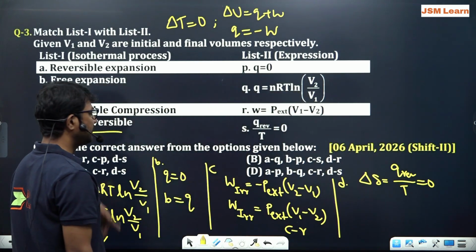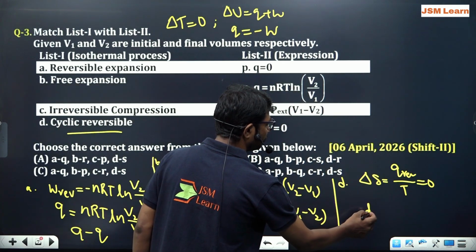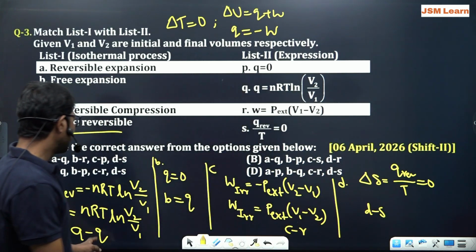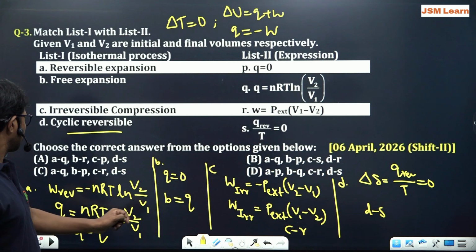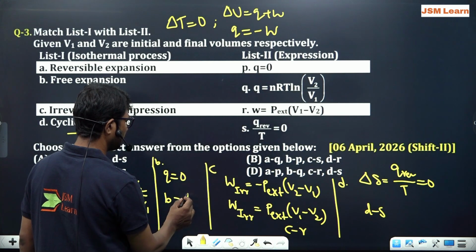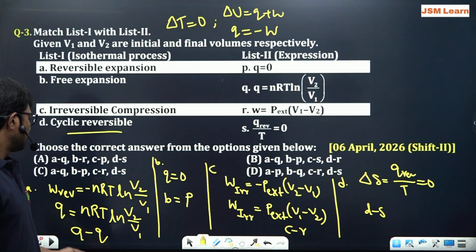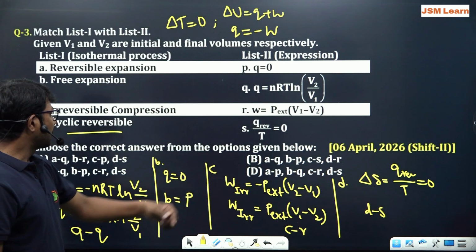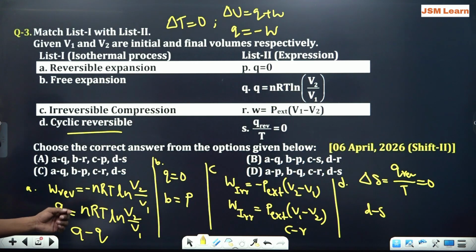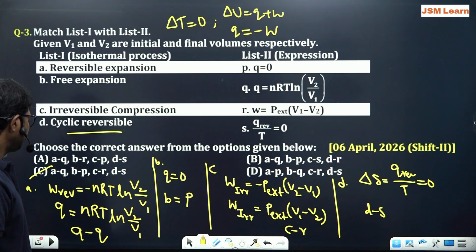That means D is matching with S. So it is Q, P, R, S. Here option C is the correct one.